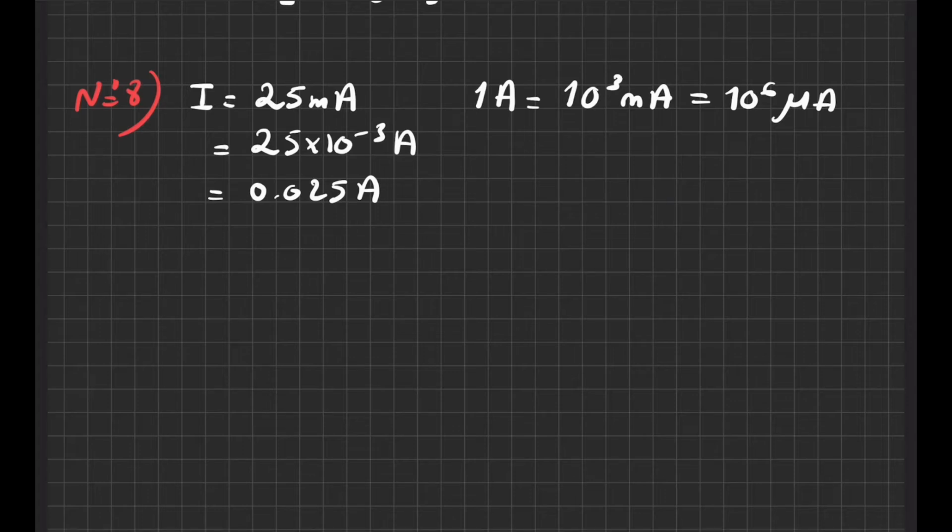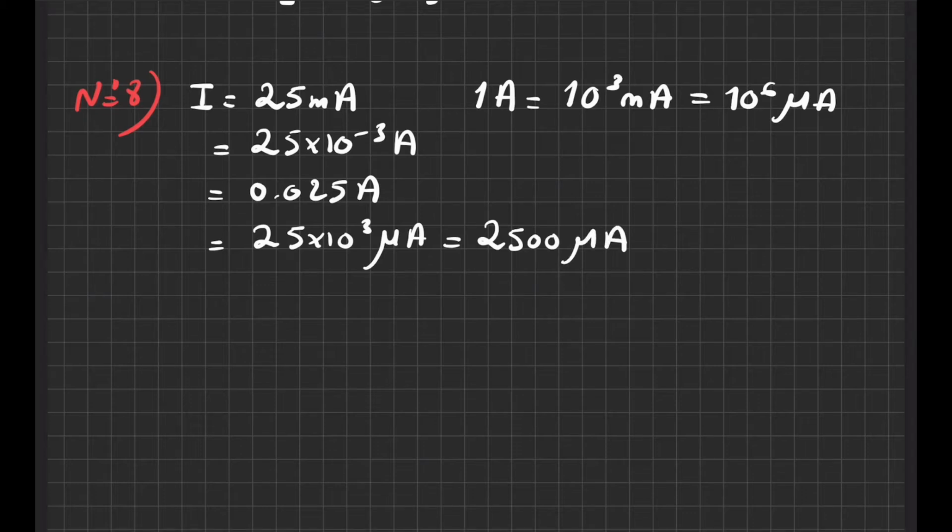Similarly, from milliampere to microampere, we multiply by 10 to the power 3. So 25 times 10 to the power 3 microamperes, that is 25,000 microampere. Okay, now we move to number 9.